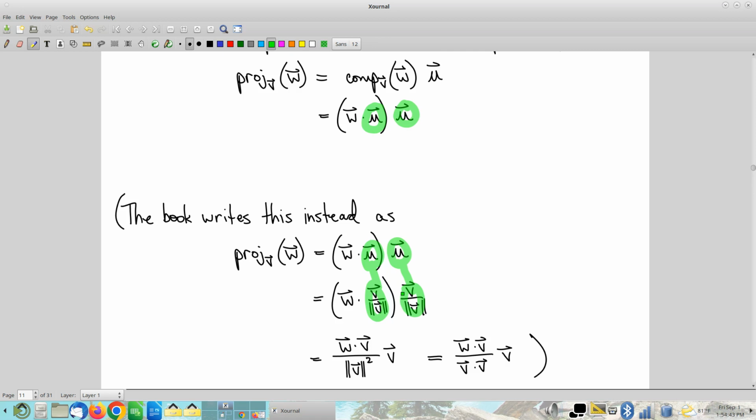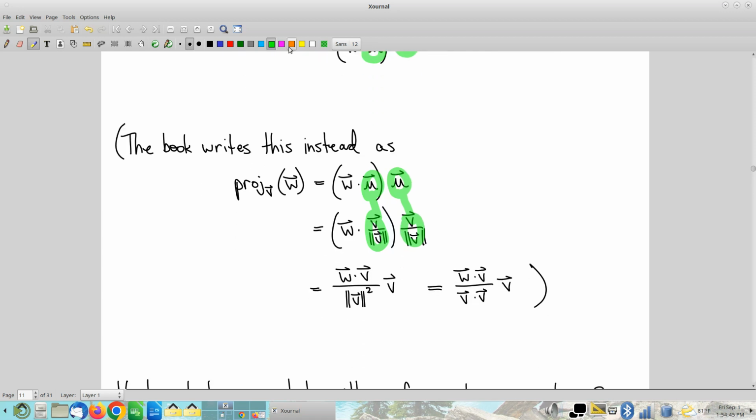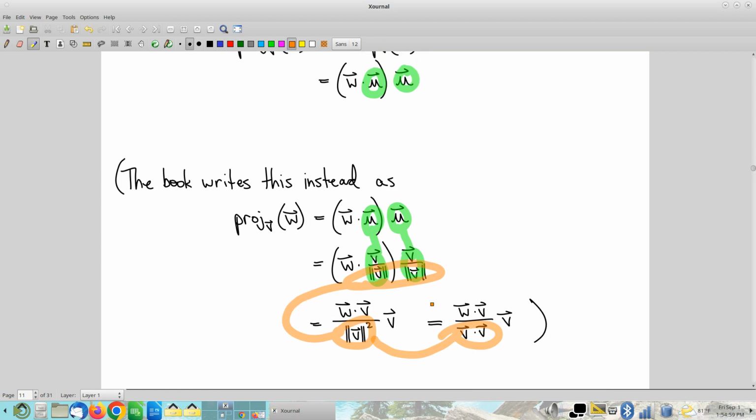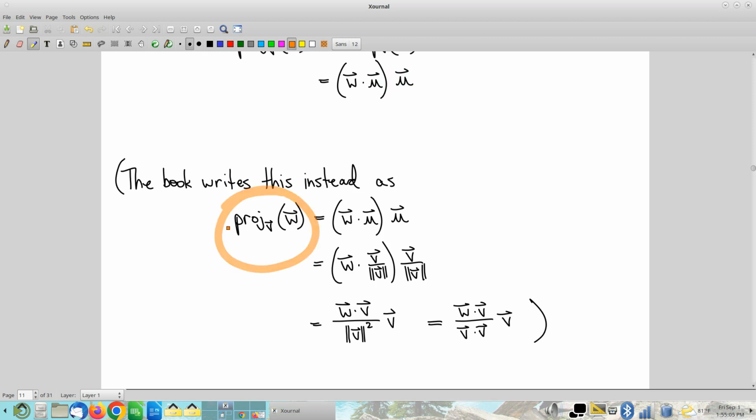And then the book further observes that, hey, when you have a magnitude squared, it is a self-dot product. And so, alternative formula, take your pick. Either of these is fine, I suppose. But the projection that we previously wrote down with that formula, you can instead write it down with this formula. So like I say, take your pick.